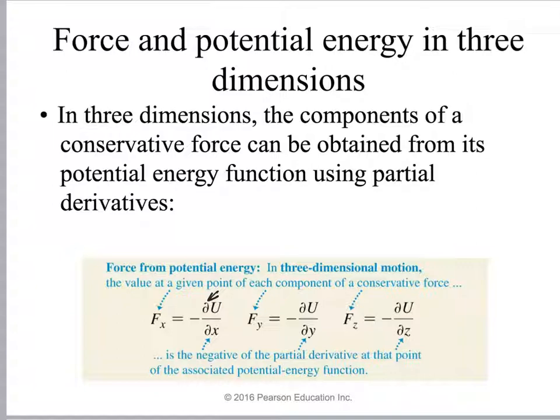But it's not really that hard to imagine. What you're looking at is the situation where the force might be like 3xy minus 2z. That depends on all the different coordinates. And so when we want to look at how that force changes with one particular variable, we're taking the partial derivative. And when we do that, we treat the other variables like they're constants.